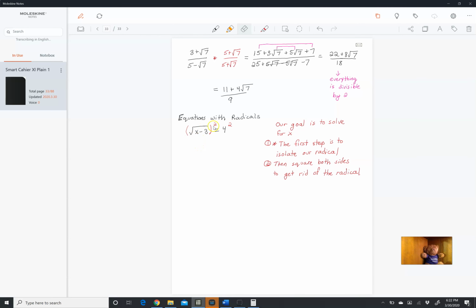When you take the square root of x minus 3 and you square it, the square and the square root cancel each other out. Remember, square root of x minus 3 is really x minus 3 to the 1/2. So if we have x minus 3 to the 1/2 and we square it, well, we multiply our exponents. So I'll put this down here just in a different color just so that you can sort of see what's going on. Okay, I'm going to put it under step 2.